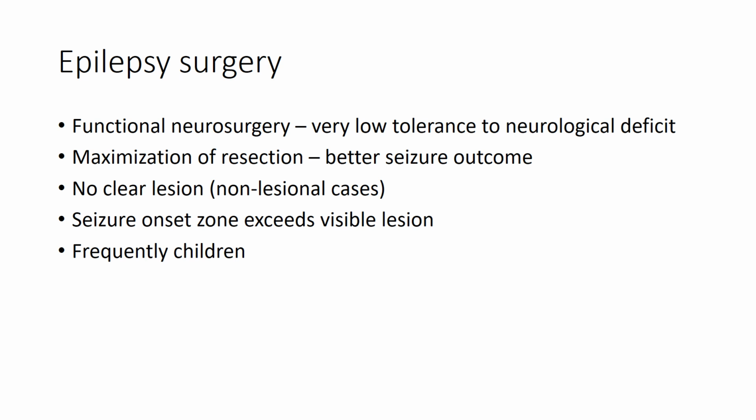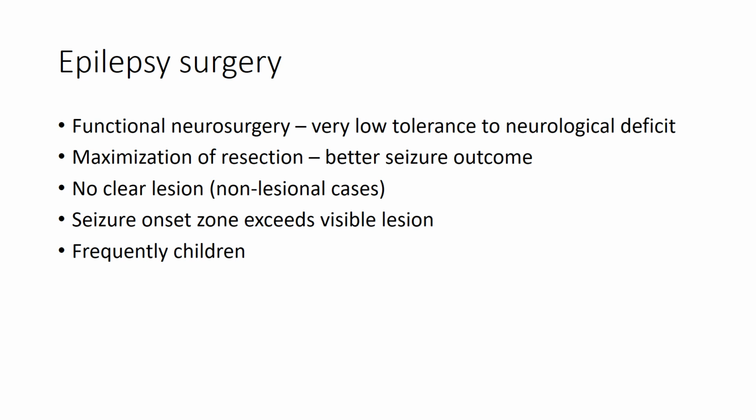Another thing is that maximum resection of the seizure onset zone is related, there are a lot of papers about this, with better seizure outcome. So the more you remove, the better the seizure outcome is. In many cases, we have no clear lesion, so these are the so-called non-lesional cases.